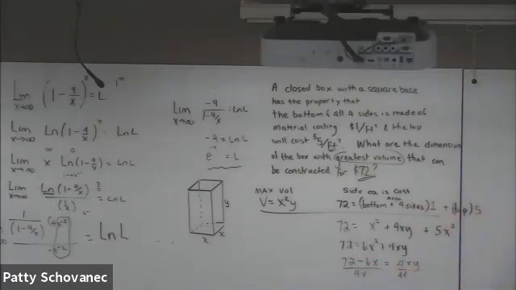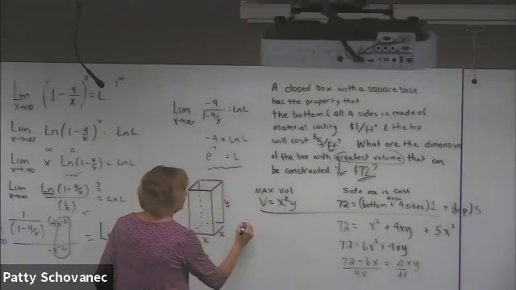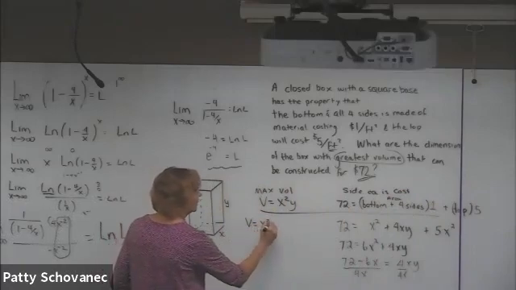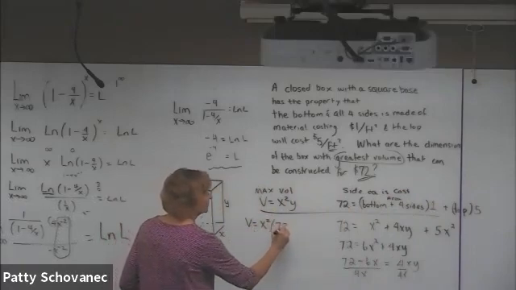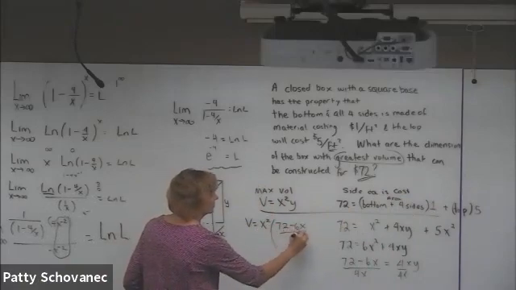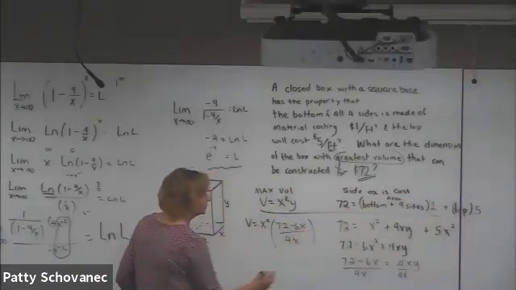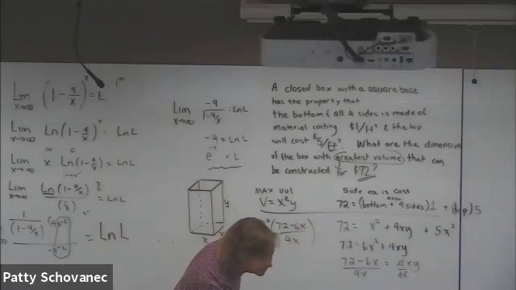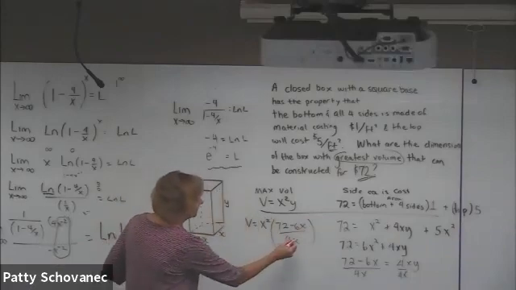Maybe none. Let's plug it in for y and see what that simplifies to. We put it in here for y, and then the volume is equal to x squared times that. So I really don't need to do any simplifying because this x down here is going to cancel with one of those.